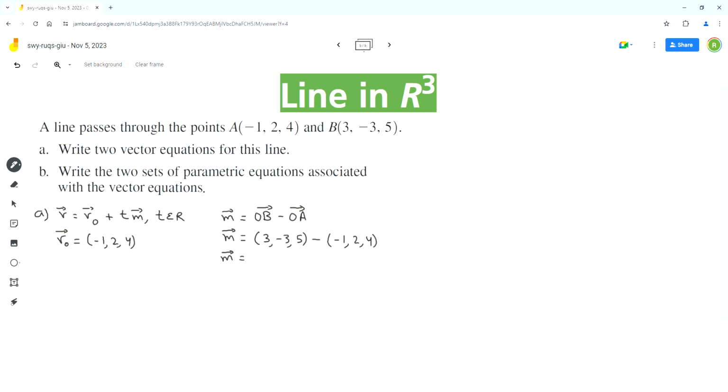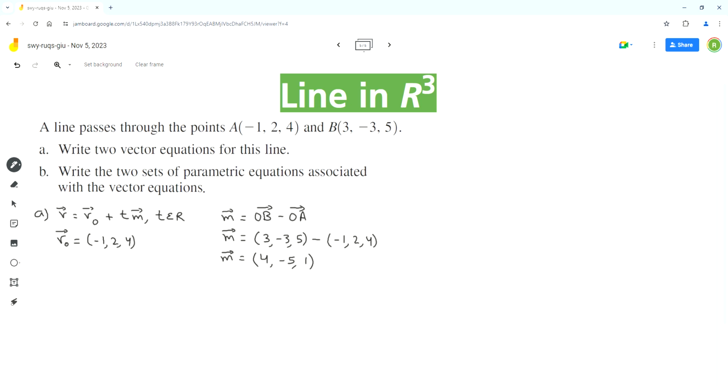Now we can subtract the vectors by subtracting their x, y, and z components. So for x component, we do 3 minus negative 1, which is equal to 4. For y component, we do negative 3 minus 2, which is negative 5. And for z component, we do 5 minus 4, which is equal to 1. So this is the direction vector for the first equation.